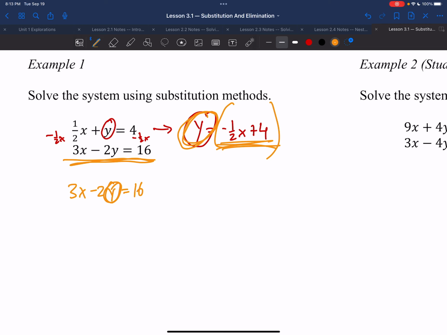You will want to use parentheses here because the expression is taking the place of y, and 2 is multiplying y, which means 2 is going to distribute to everything. So that looks like 3x minus 2, which will distribute to the expression negative 1/2 x plus 4. And this is set equal to 16.